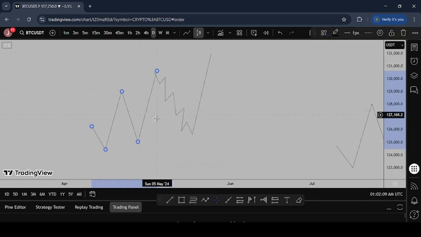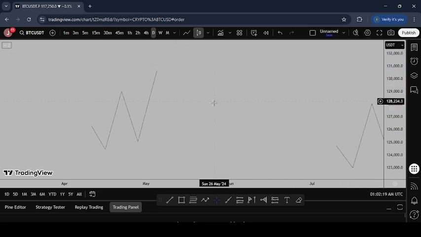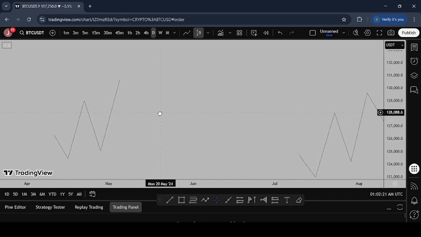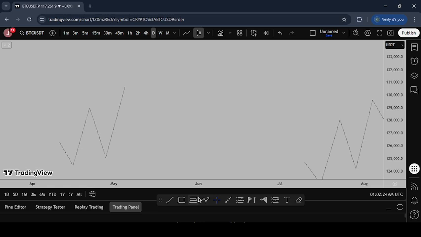Now, how do we catch this continuation move? There are several factors involved. We want to catch a move probably after a protected low has been created. What is a protected low in SMC? A protected low is a low that has swept a previous low. For example, the market was moving up, creating this previous low, then made a new high. It came back down, swept this low, disrespected it, and created a break of structure to the upside.